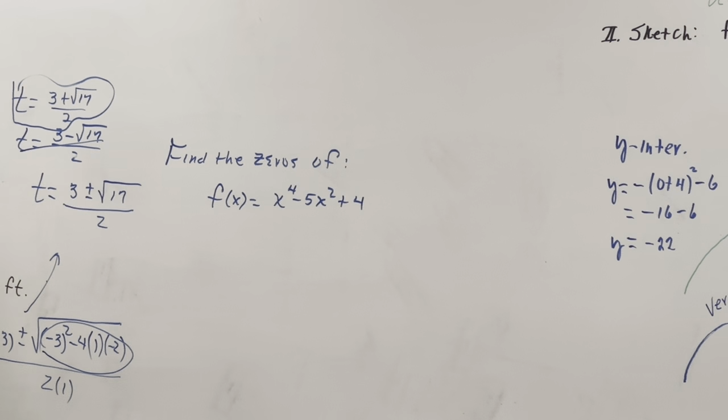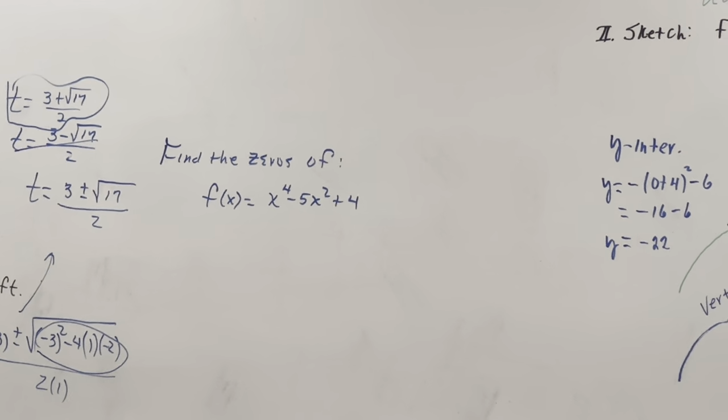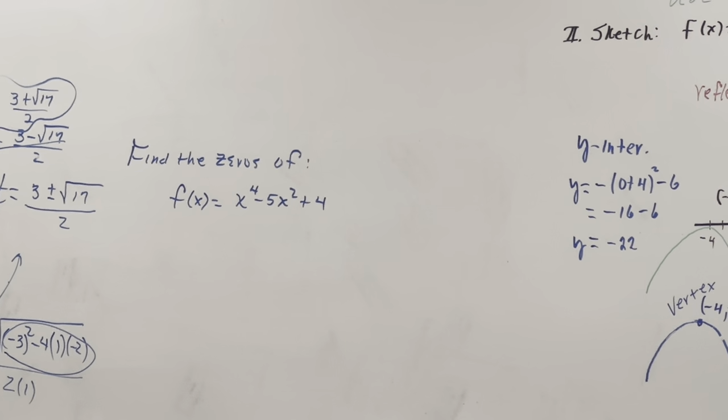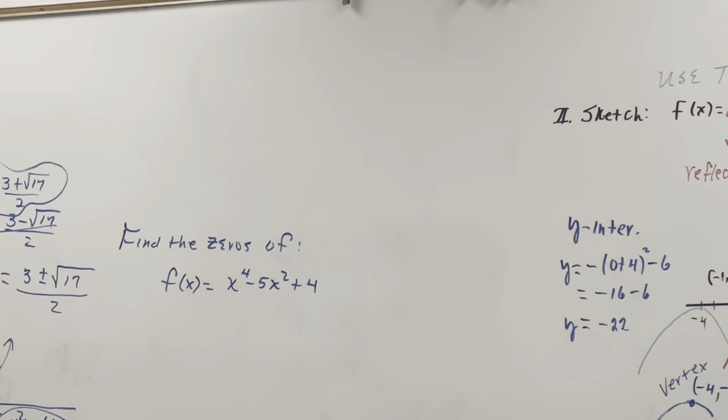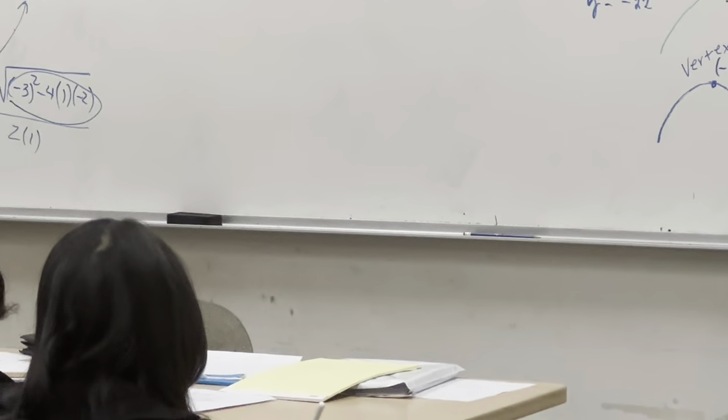I didn't use the word complex. What do you think is implied if they just say find the zeros? In other words, the implication is find them all. So if you say just find the zeros, you have to find them all, which means there might be some imaginary ones in there. Guys, practice with that, try to find those 4 zeros. I think it'll be pretty easy for us.